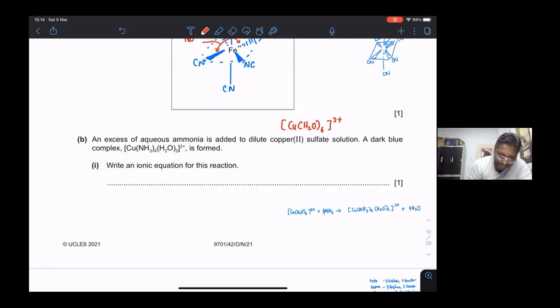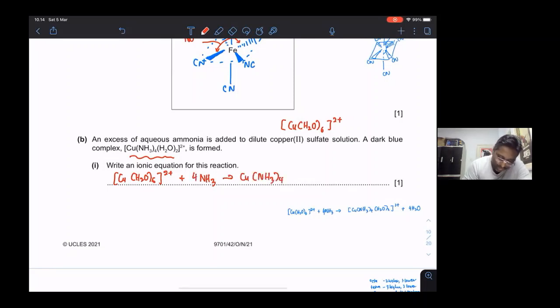So I will write down [Cu(H2O)6]2+. You are reacting with excess ammonia, and they have already mentioned the complex that is going to be formed. So you just need to write [Cu(NH3)4(H2O)2]2+.